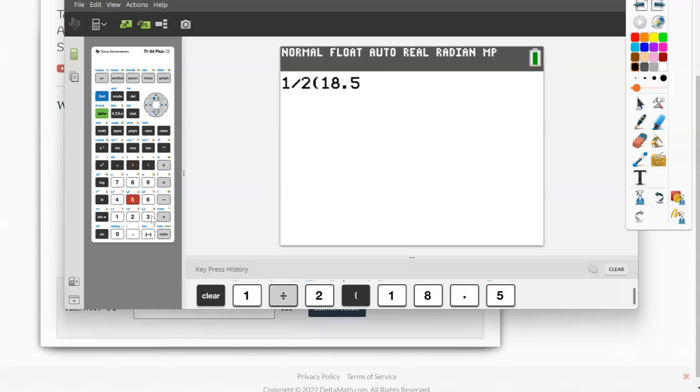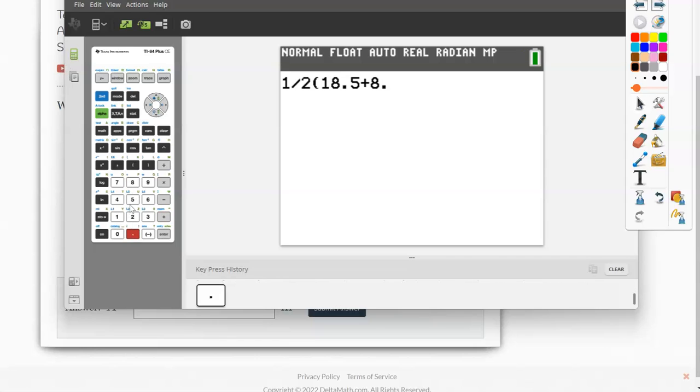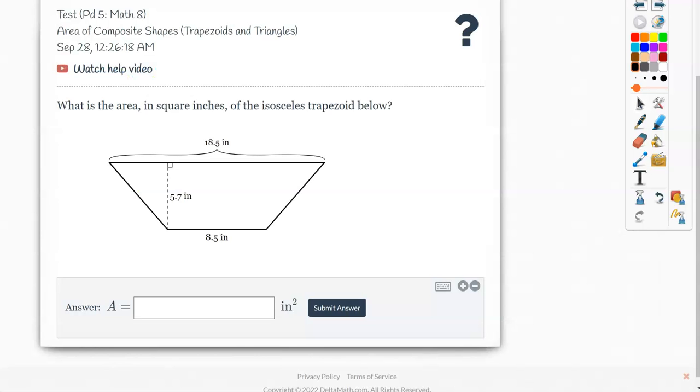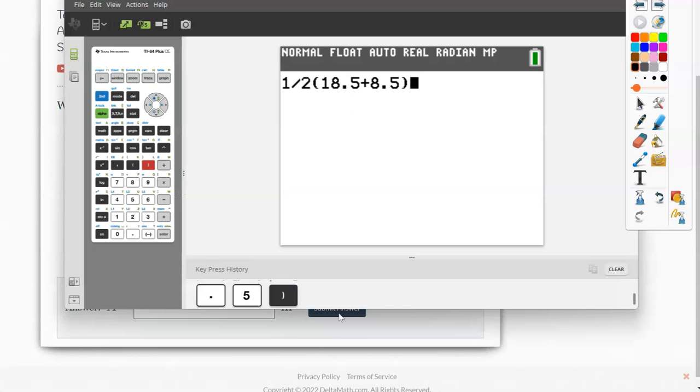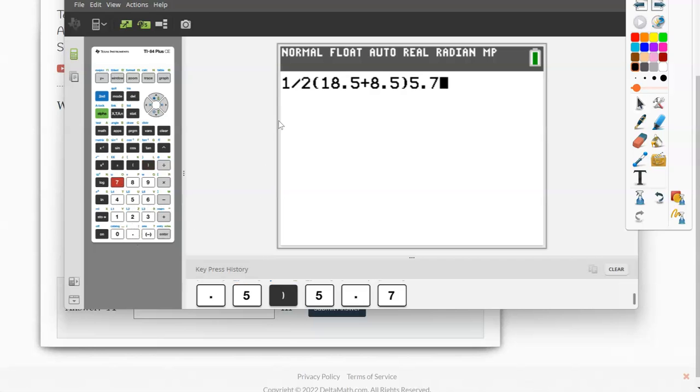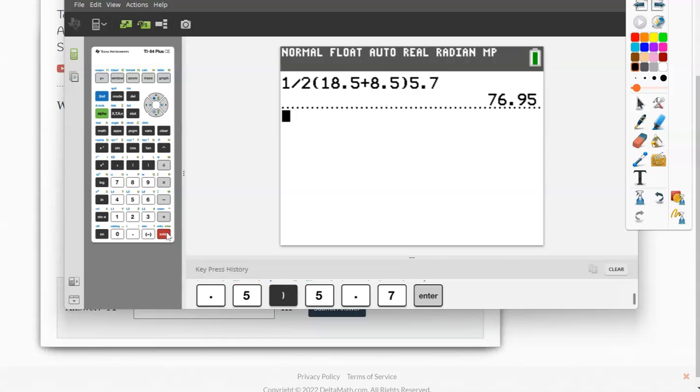I literally typed close parentheses, and then I typed the next value, which was 5.7. So that's exactly how I had it written on the previous page, and that's exactly how I'm going to type it in my calculator. Press enter, and this calculator gives me 76.95.